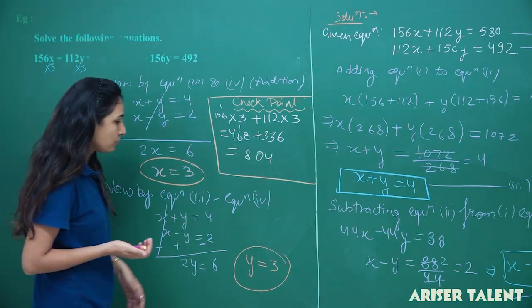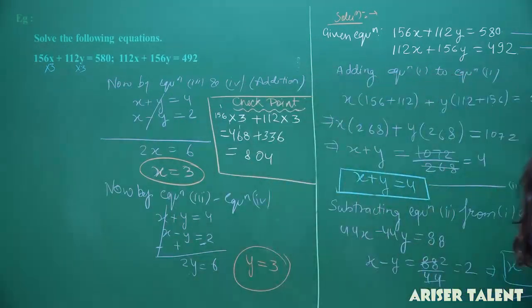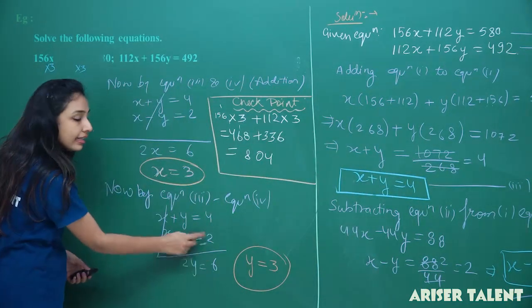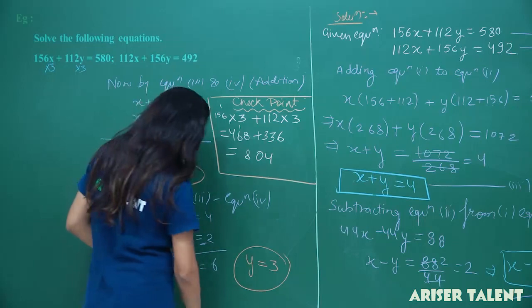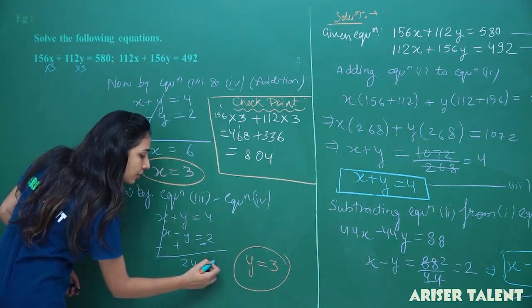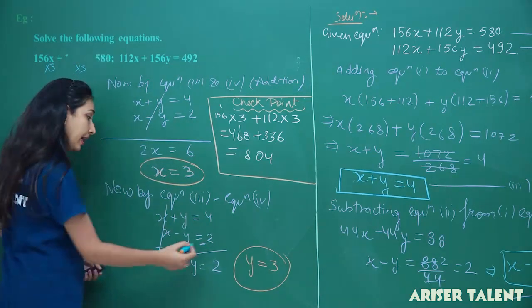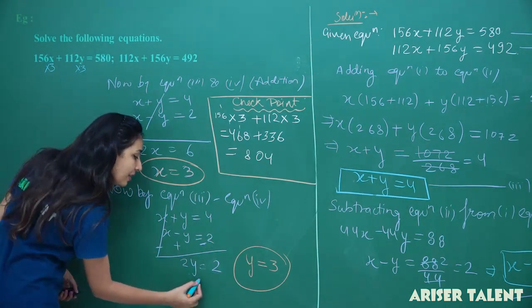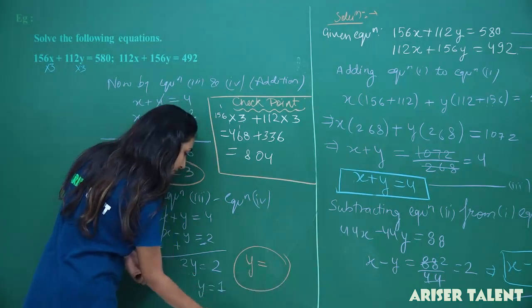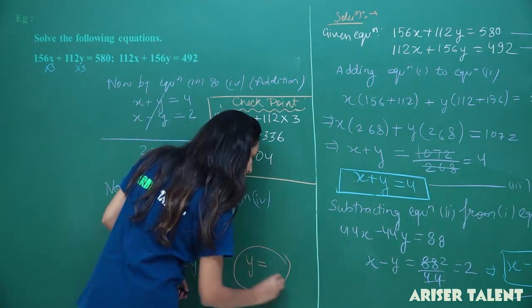So y equals to 3. So what did we do wrong here? We just added them, not subtracted them. So that will become here 4 minus 2 is 2. And now if it is 2, then y will become 1. So here we will have y equals to, students, what?